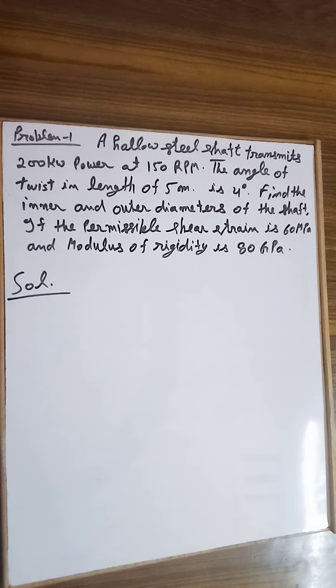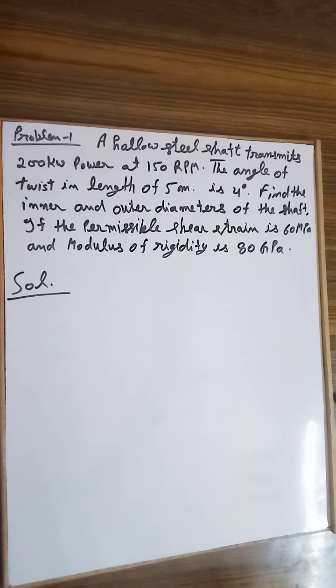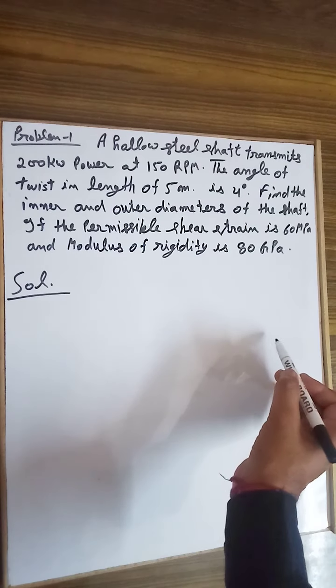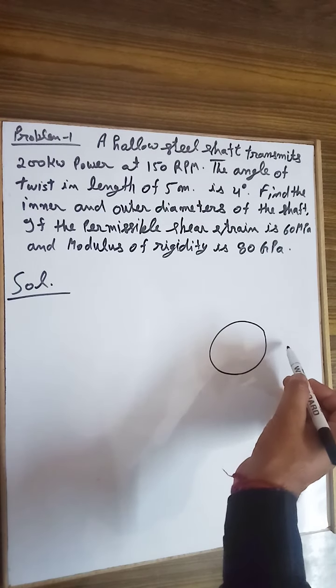So to discuss this problem, first we need to understand what we want to find out. It is given here that we need to find the inner and the outer diameter of the shaft. So let us draw the inner and the outer diameter.